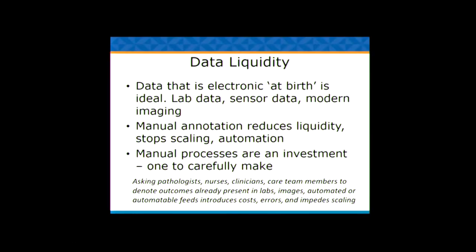I'll just, again, re-emphasize that data liquidity, at least to me, is easiest when the data is generated electronically at the beginning. That means lab data, sequencing data, all these things are essentially digital when they're born. What I find really frustrating is we ask our clinicians, our care team, the pathologists, the radiologists, to make notes of something that's actually present in the digital data.